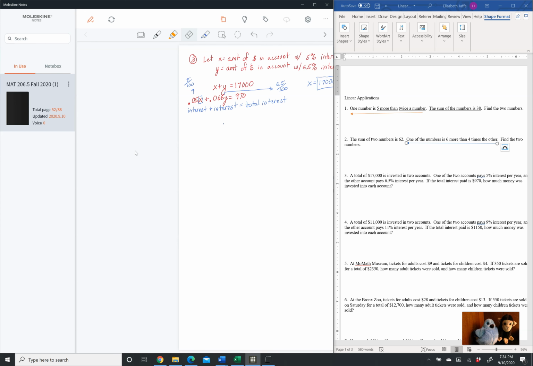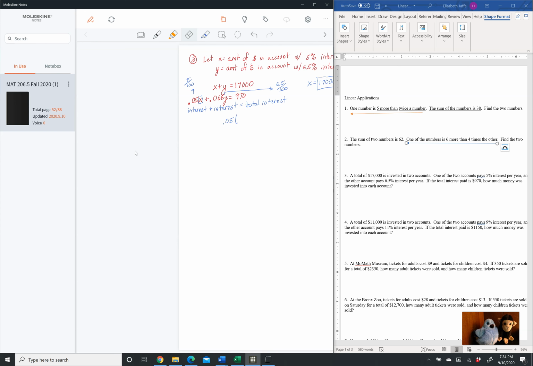So we get 0.05 times 17,000 minus y plus 0.065 y is equal to 970. Okay, and the next problem is actually very similar to this one, so you're going to see this happening again. So you'll get the hang of it the second time around if you haven't gotten the hang of it yet.